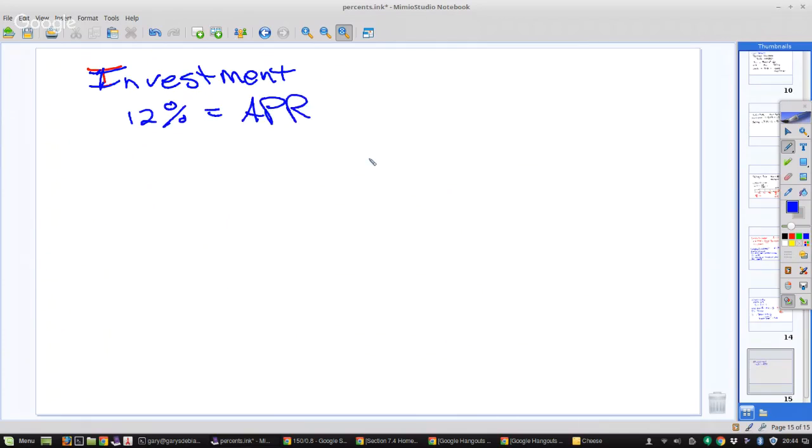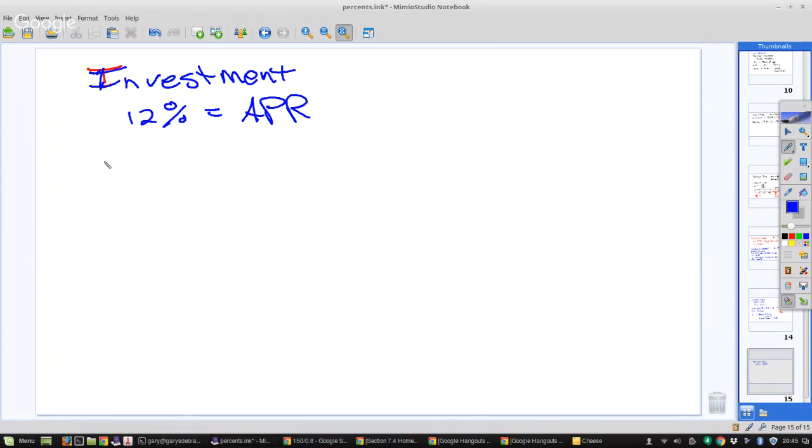Now, dividends can be paid on investment, and a dividend just means they send you the money. So you give them $1,000, at the end of the year they say, hey, here's 12% of the $1,000. They keep your $1,000, and next year they give you another 12% of your $1,000. And you just keep getting 12% of $1,000 over and over again. That's a dividend. Other investments like savings accounts and annuities get to add that interest back into your account.